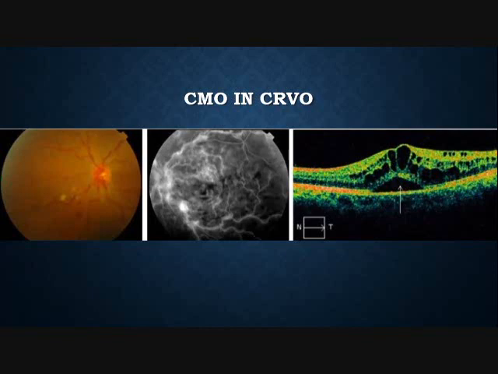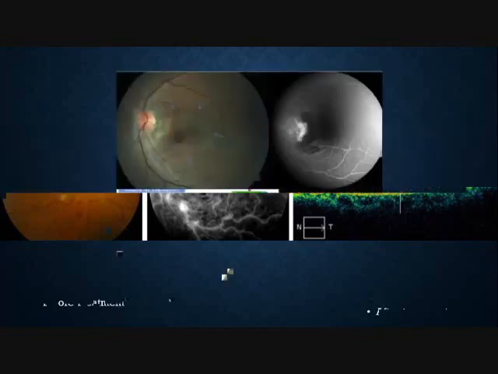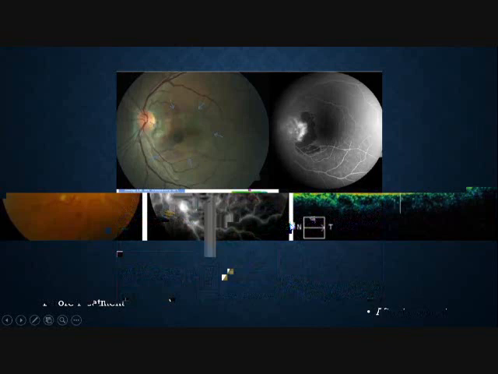So this is CMO in retinal vein occlusion. And here we can see there is some cellular proliferation below the retina, and this has given rise to serous retinal fluid in different OCT scans.